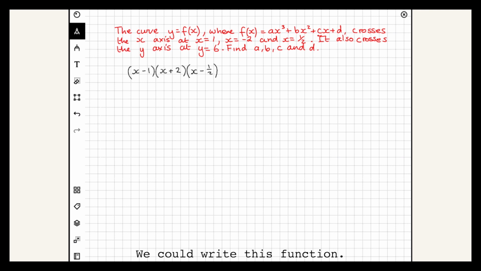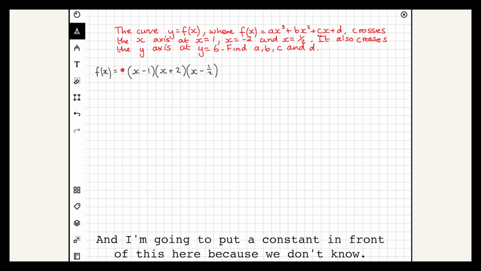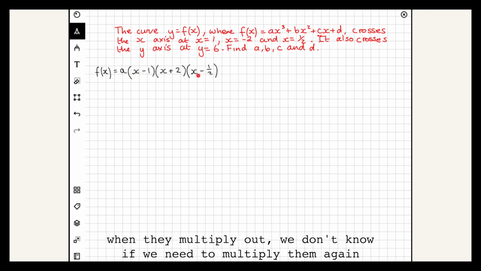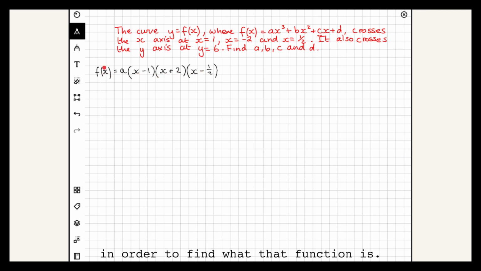We could write this function then as f of x equals, and I'm going to put a constant in front of this here. I'm going to call it a, because we don't know if these brackets, when they multiply out, we need to multiply them again in order to find what that function is.